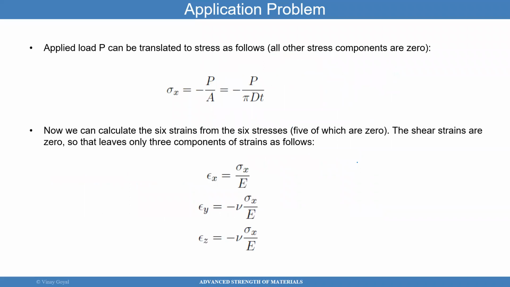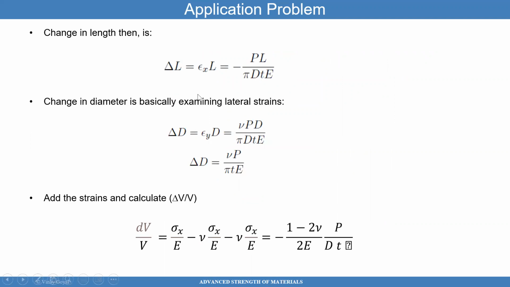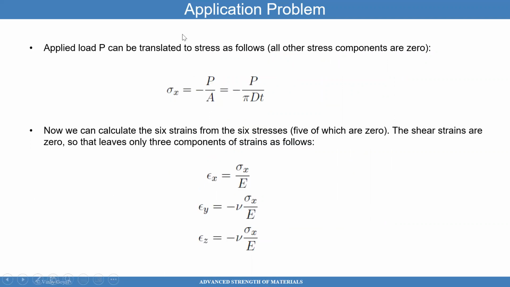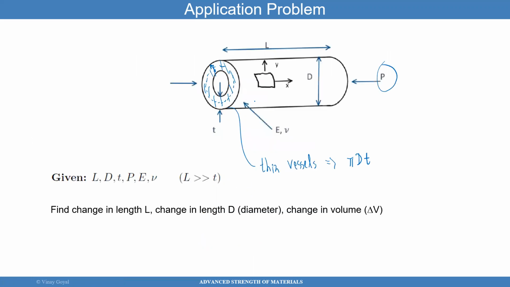So what does the applied load tell me? I have a load P applied in compression, so it's a negative sign. I divide it by the area. So I have P divided by pi dt. So that's easy. That's what I just derived right now. So that area is pi dt, the shaded area there.